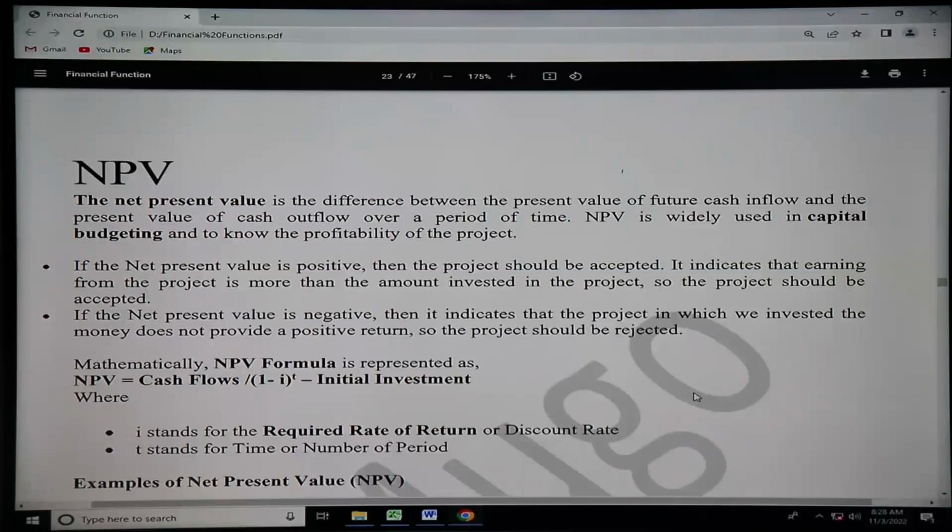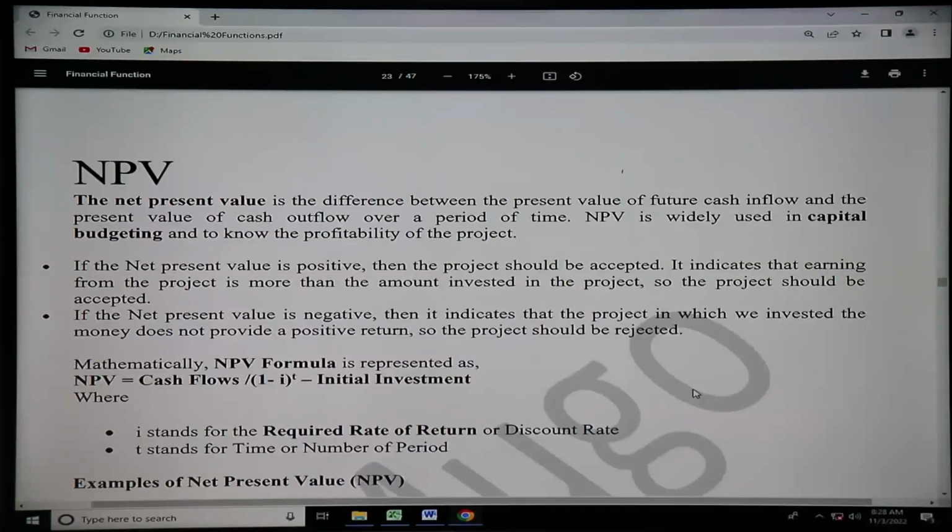So if the net present value is positive, then the project should be accepted. If you calculate and find that the net present value of your project is a positive value, regardless of which value, but it is positive, that project is doing well. It indicates that earnings from the project are more than the amount invested in the project. Here we have the initial investment, whatever you invested.